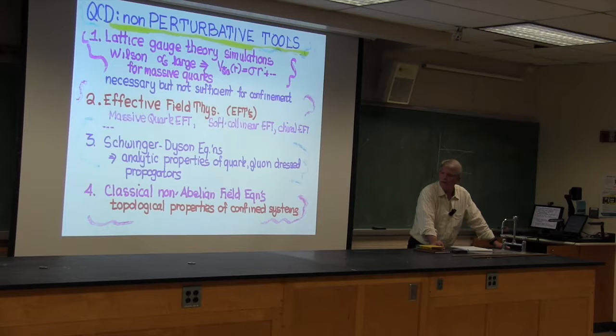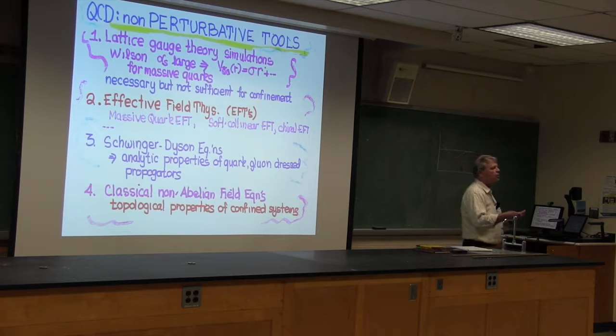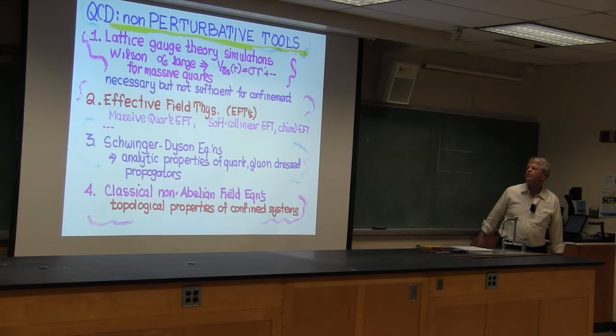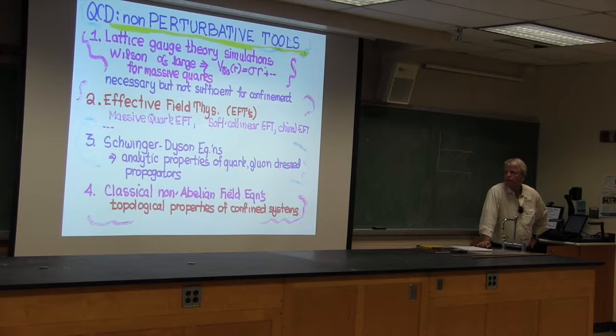There's also been extensive development in various equations that resum diagrams, and in particular you can use Schwinger-Dyson equations with boundary conditions that introduce an effective parameter like an effective field theory and talk about the analytic properties of dressed propagators.